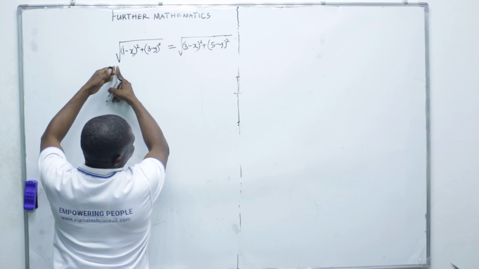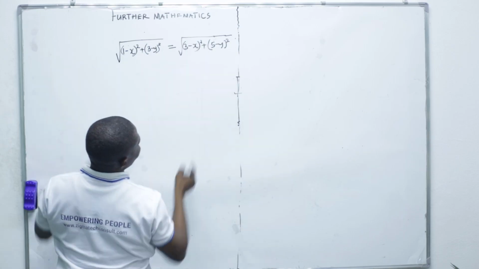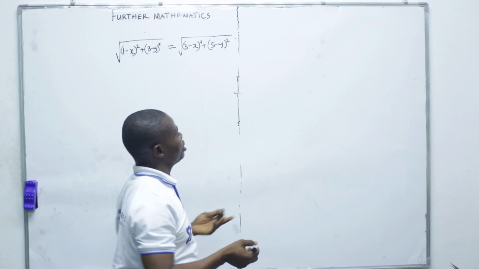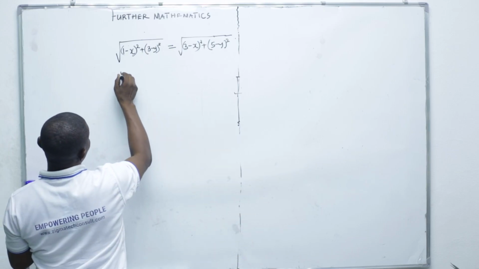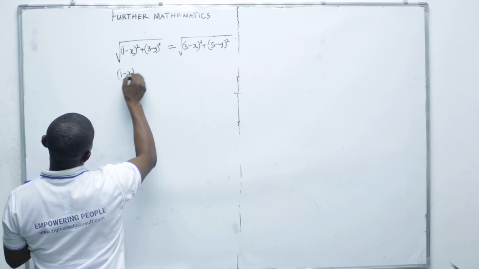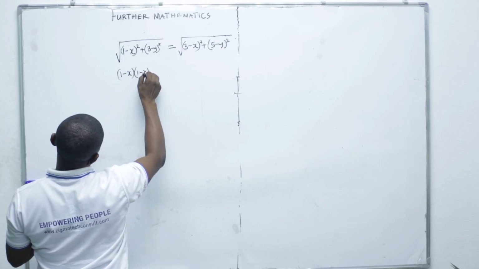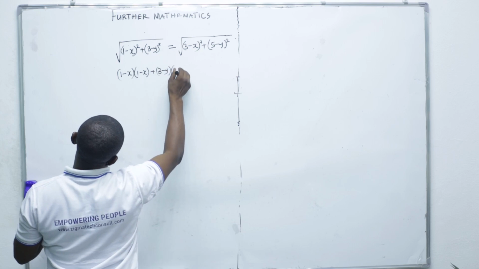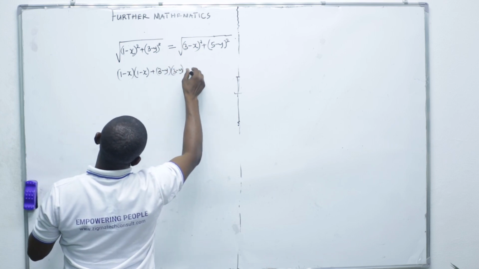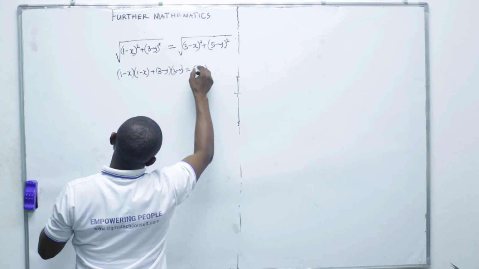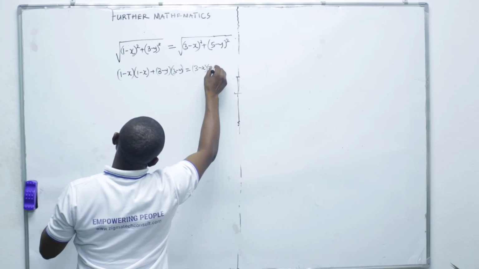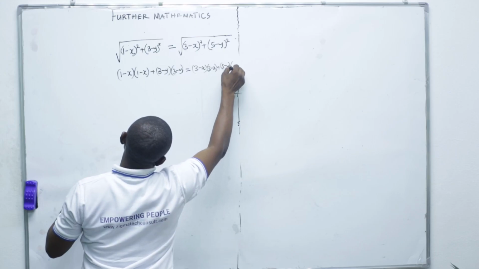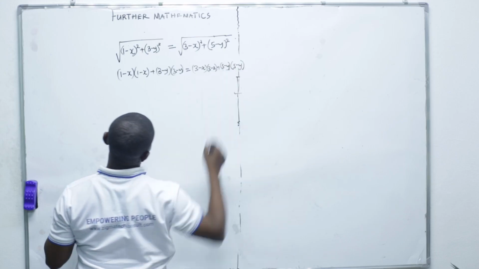If you look at this very well, you can see this has taken care of itself. Not much argument there. So we're going to have (1 minus x) all into (1 minus x) plus (3 minus y) all into (3 minus y) being equal to (3 minus x) all into (3 minus x) plus (5 minus y) all into (5 minus y).